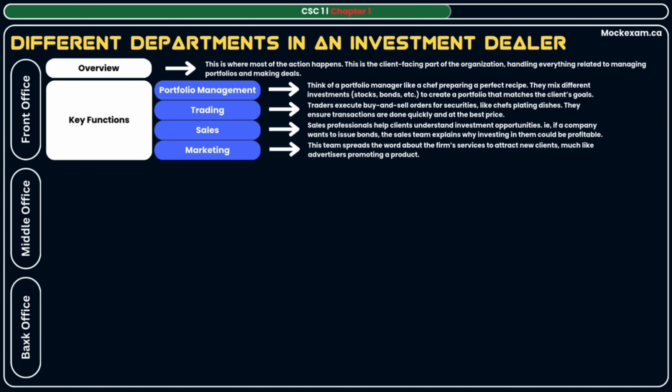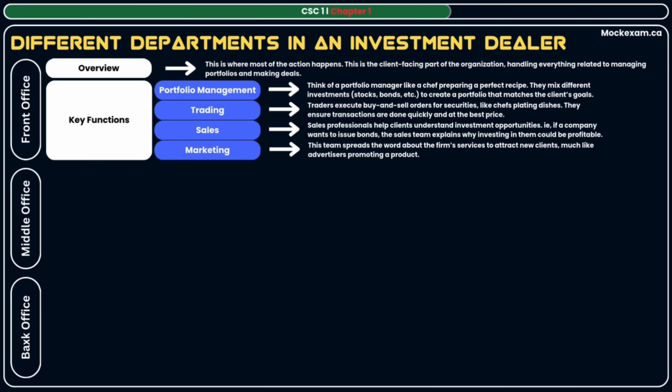To summarize front office activities or functions, let's say you walk into an investment dealer's office to invest in mutual funds. The sales team explains your options while the trading team buys the funds for you. Meanwhile, portfolio managers design investment strategies to meet your long term goals.